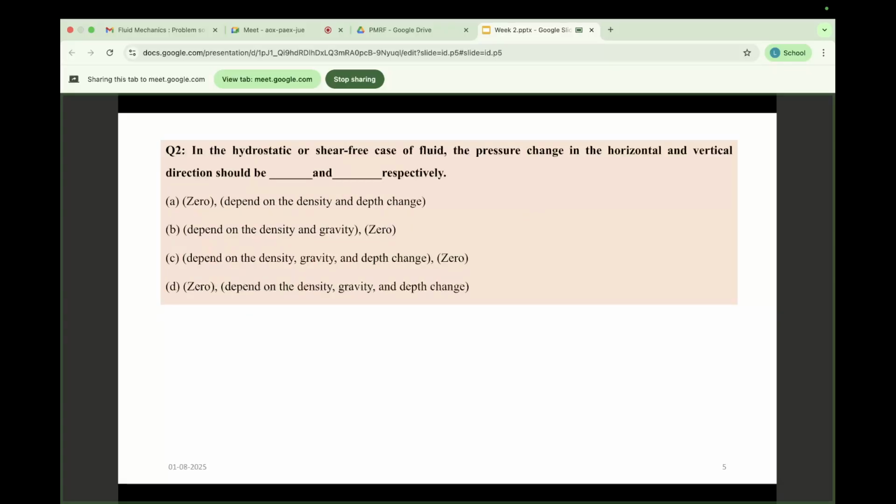In this question, it says that in the hydrostatic or shear free case of fluid, the pressure change in the horizontal and vertical direction should be dash and dash respectively. So you have to fill this gap.